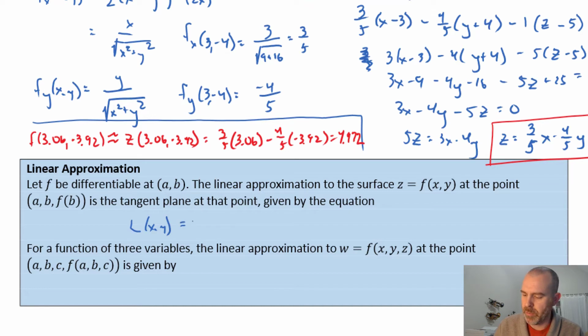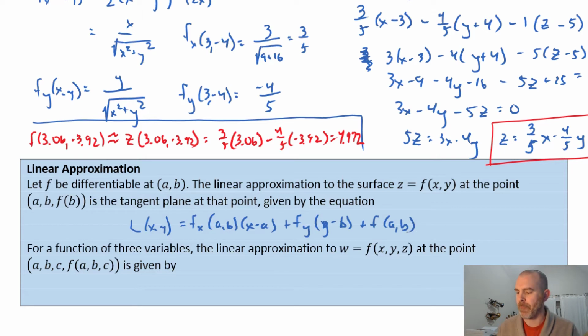So it gives us the partial derivative with respect to x at (a, b) times (x minus a), plus the partial derivative with respect to y times (y minus b), and then add to that the function value at (a, b).